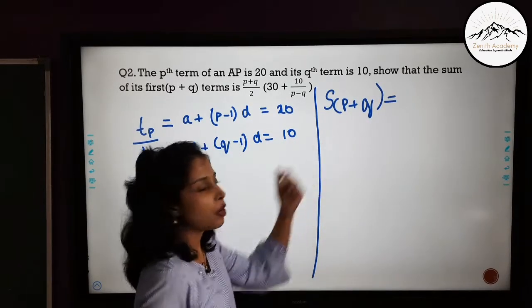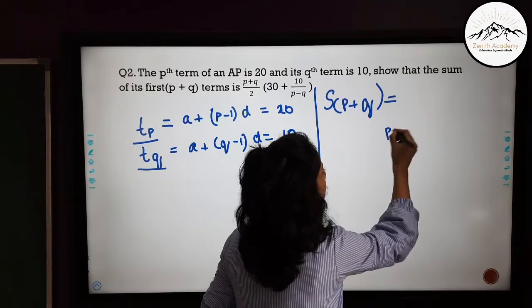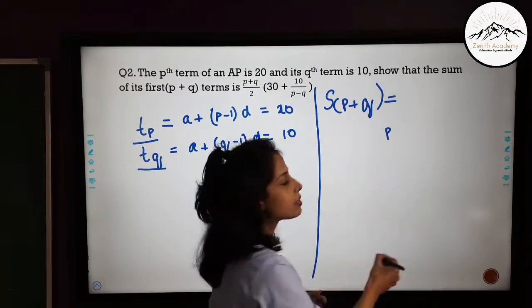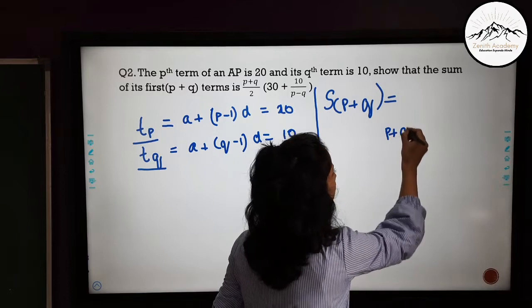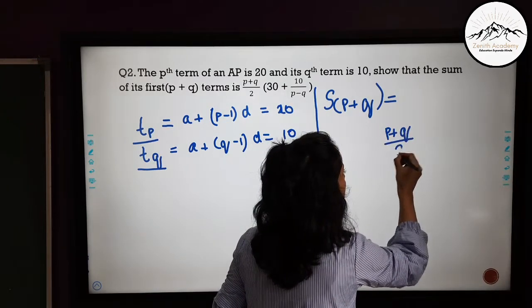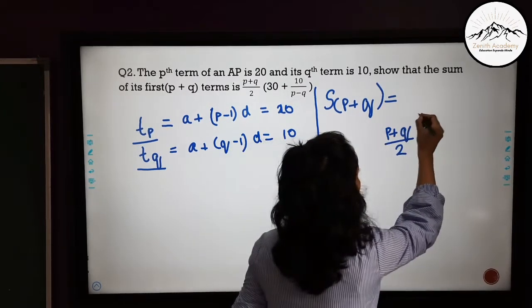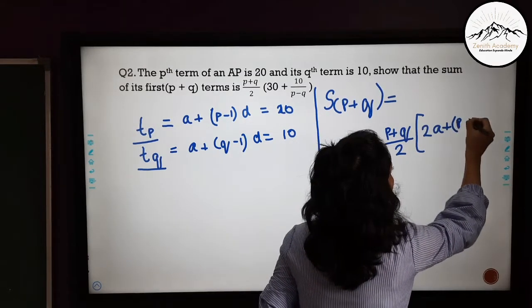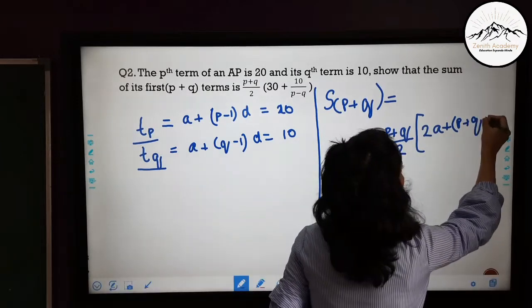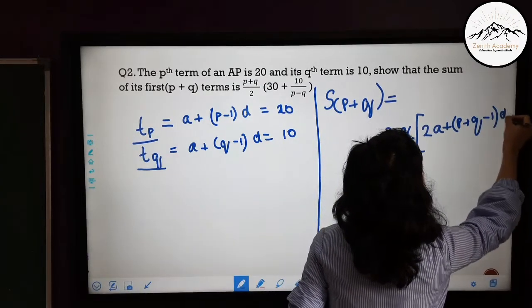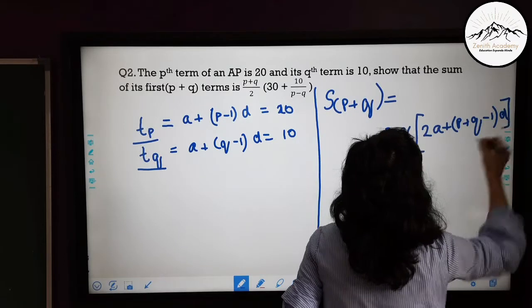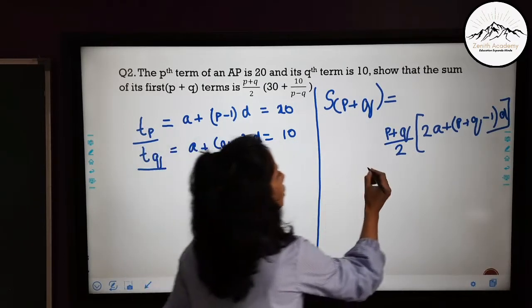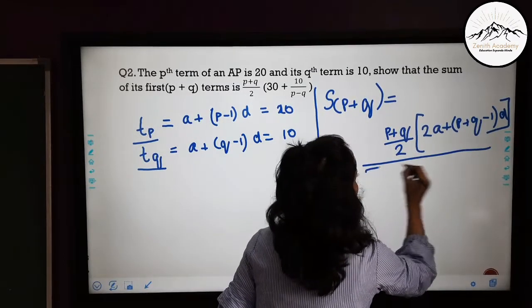We know the formula for the sum, n by 2 into 2a plus n minus 1 d. So instead of n, we have been given p plus q terms. So p plus q by 2 into 2a plus p plus q minus 1 into d. This is what the formula should be.